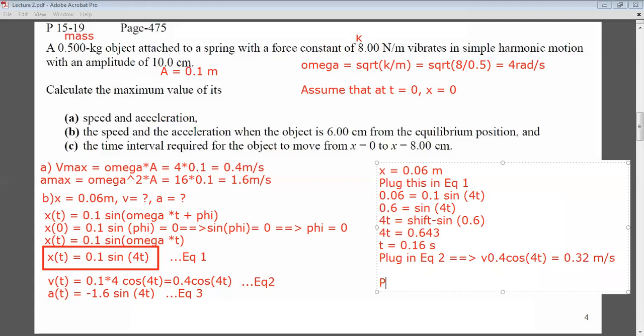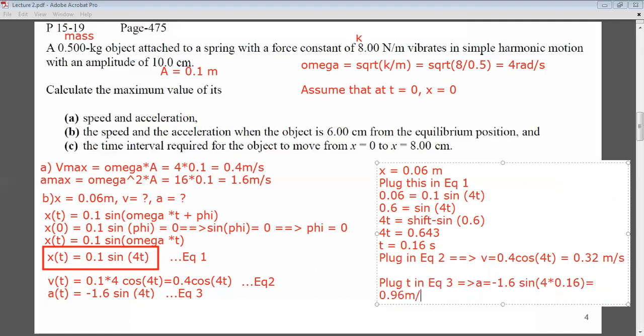And then plug t in equation 3, I get a is equal to minus 1.6 sine 4t. Instead of t, we will put 0.16, and this gives me 0.96 meter per second.